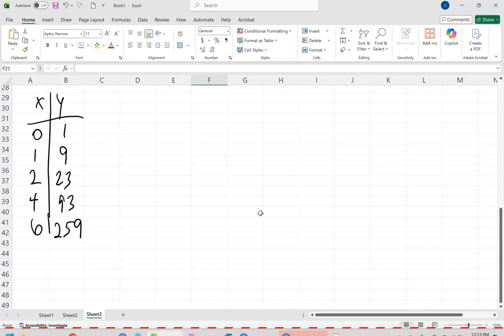Okay, that's cool. 4, 93, and 6, 259. And the function was 9 plus 14 times x minus 1 plus 7 times x minus 1 times x minus 2 plus x minus 1 times x minus 2 times x minus 4.